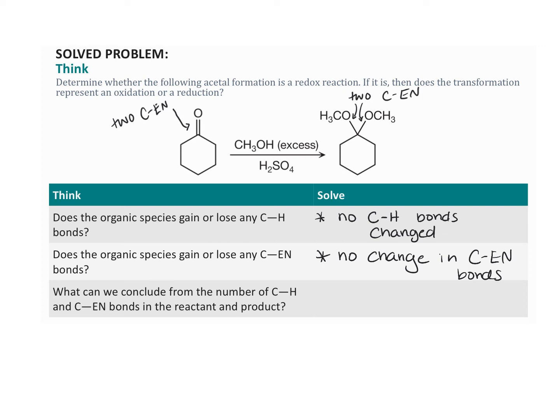The next question you need to ask yourself is, what can we conclude from these numbers of carbon-hydrogen and carbon-electronegative atom bonds in the reactant and the product? Well, there's no change to the carbon-hydrogen bonds, and there's no change in the carbon-electronegative atom bonds. So this is not a redox reaction. When you're asked to identify something as a redox reaction, you need to analyze how the bonds are changing, and see if there's a difference in carbon-hydrogen bonds and a difference in the carbon-electronegative atom bonds.